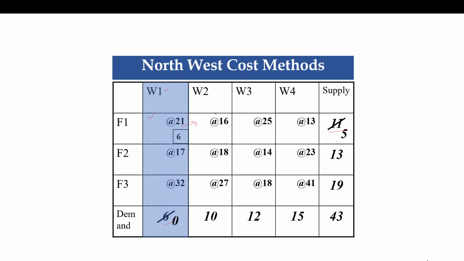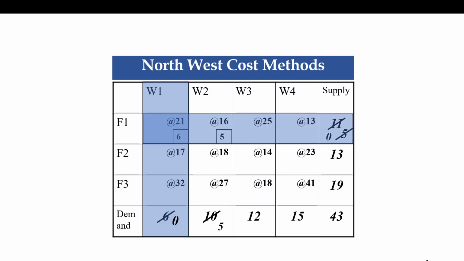Now comes this cell. In this, warehouse 2 has a demand of 10 and factory 1 has a supply of 5 only. So I have only 5 pens, you have a demand of 10 pens. No issue, I'll give you 5 pens, right? So the supply of factory 1 will become 0, and the demand of warehouse 2 will be 5 now, right?